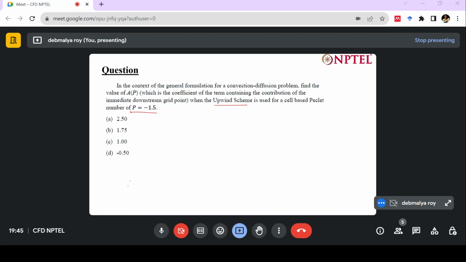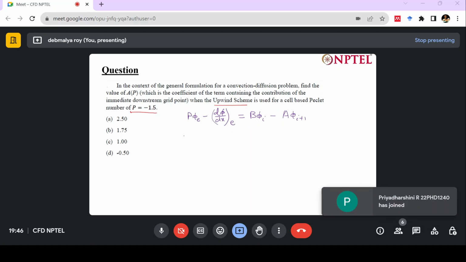P phi E minus P phi W is equal to this. This scheme equation is valid irrespective of the scheme that we use, because this is simply how we have defined it.